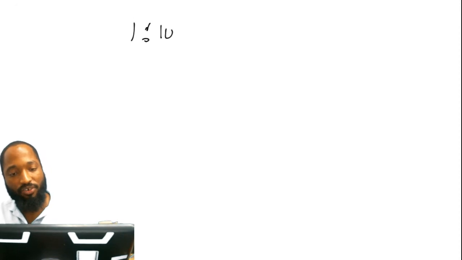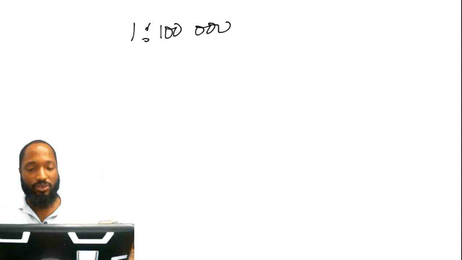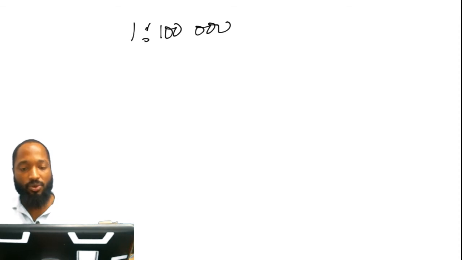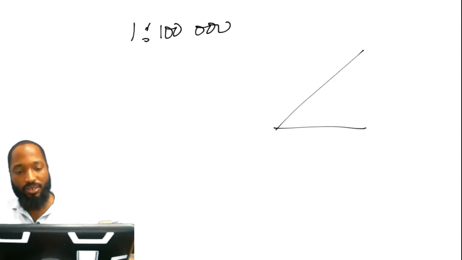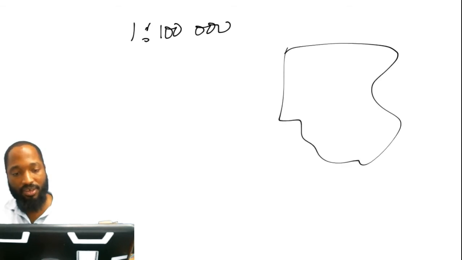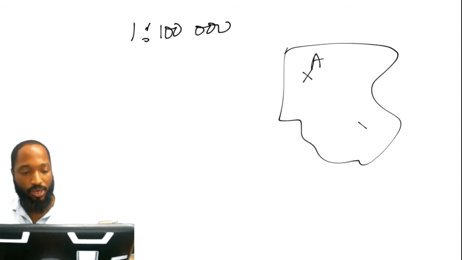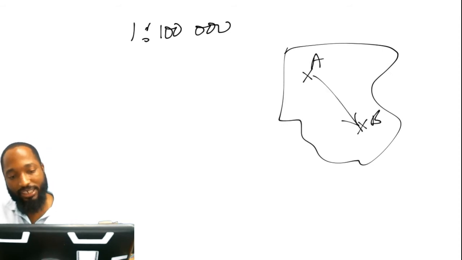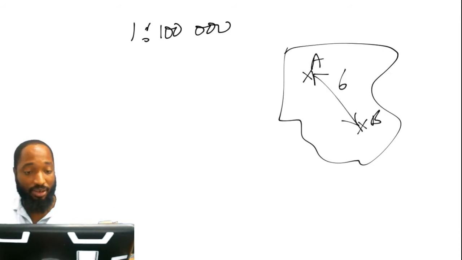Alright, no problem. So our scale works like this: 1 to 100,000. Most of them scales will be like 1 to 100,000, 1 to 200,000, 1 to 50,000, that kind of thing. So if this is your map, and you went from tongue A to tongue B, and you see you went 6 centimeters.